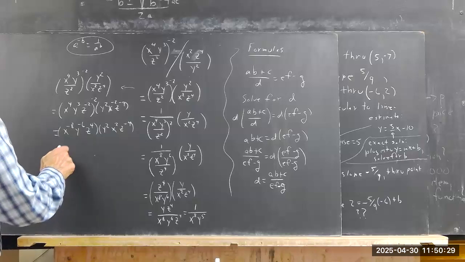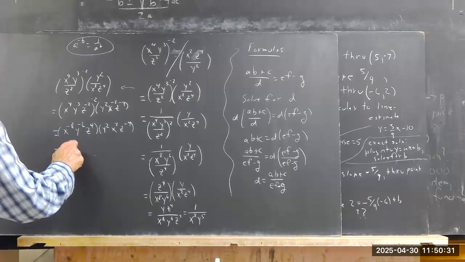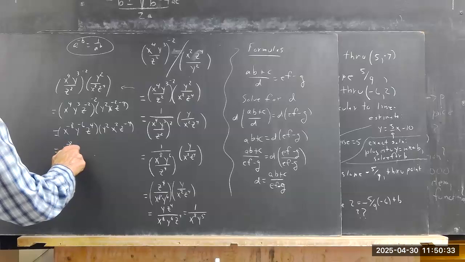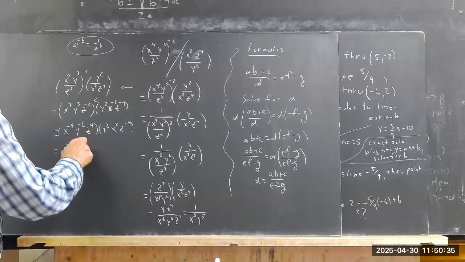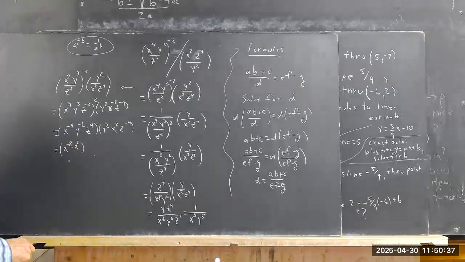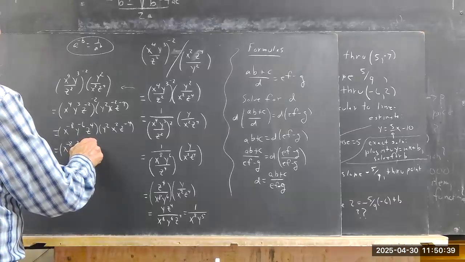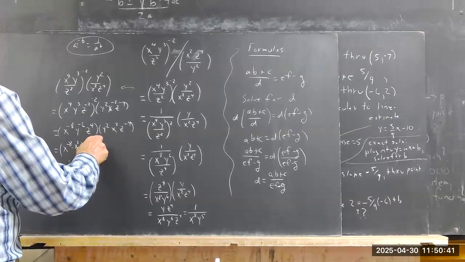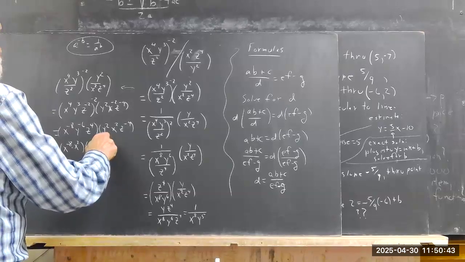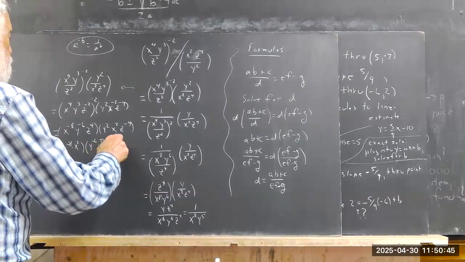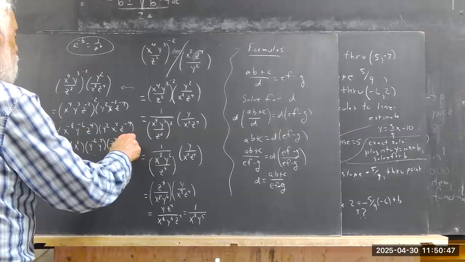We can rewrite that as x to the negative eighth times x squared. To be really clear about what it means, times y to the negative sixth, y squared, times z to the fourth, z to the negative fourth.